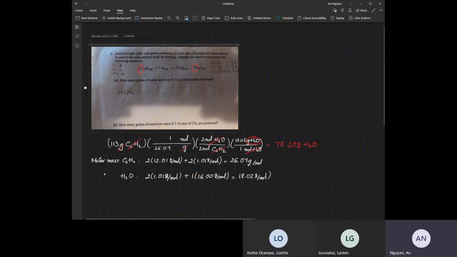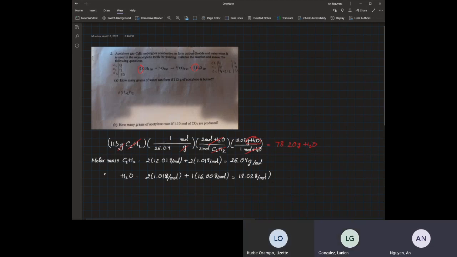So that's why you do the second step, to convert from grams to moles. Then when we have the moles of the original, we use the balanced equation to convert from the original to the unknown. But the value we get is the moles of the unknown, not the mass of the unknown. So we have to do the last step to convert from moles to mass using the molar mass.